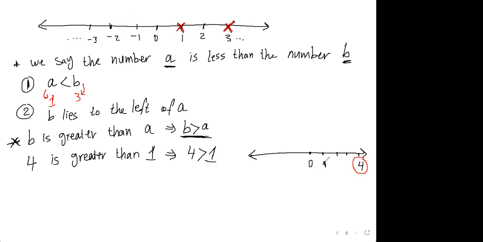So B lies to the right of A, and vice versa, 1 lies to the left of 4.